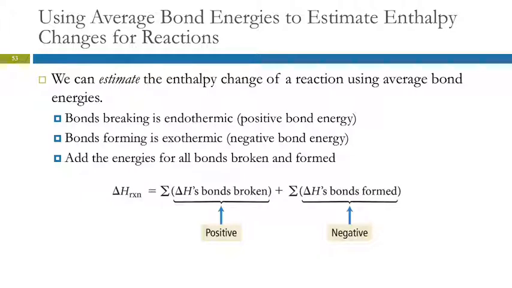So we can estimate the change in energy for a reaction by comparing all the bonds that were broken and all the bonds that were formed. So we can take the sum of all the bonds that are broken. That's going to be a positive number because it always requires energy to break a bond. And we can add the sum of all the bonds formed. Those will be negative because energy is released. Does that make sense?